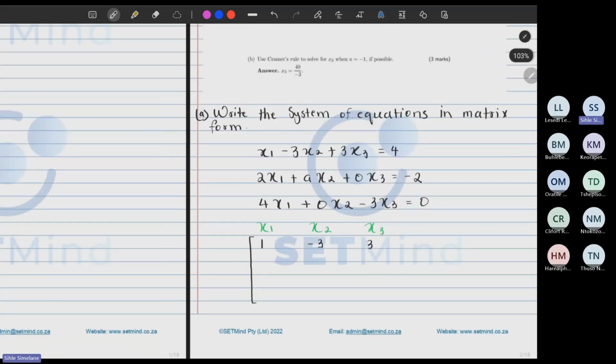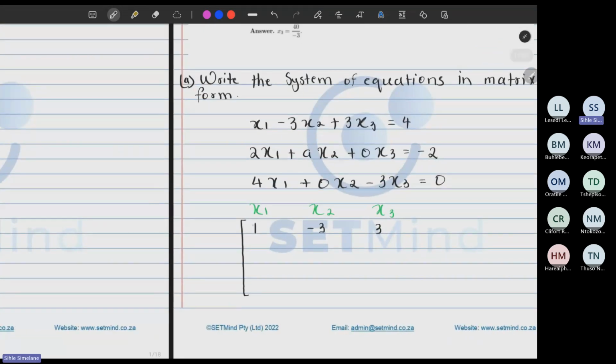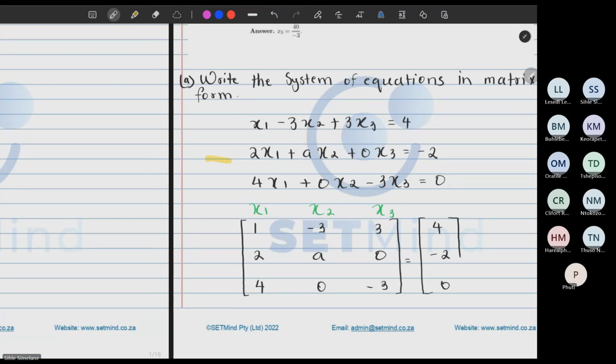And let's look at the second equation, which is this one. We have a 2, we have a, and then we have 0. The third equation, we have a 4, a 0, a minus 3, and after the equal sign, what we have is 4, minus 2 and 0.